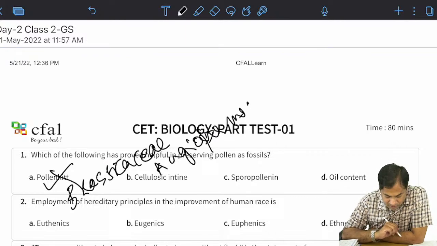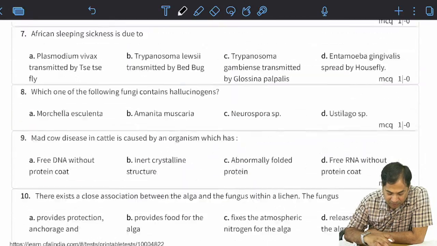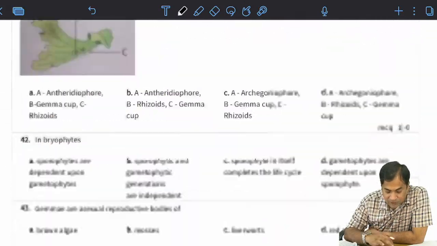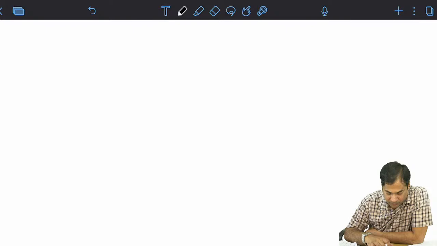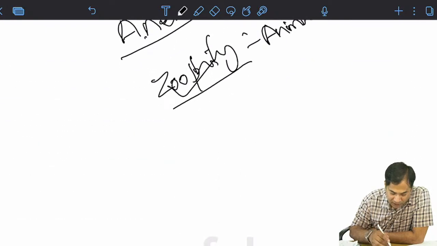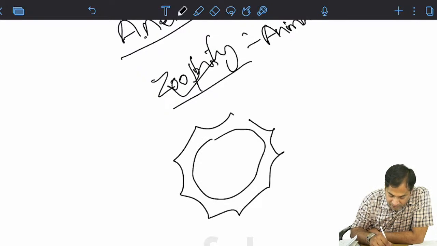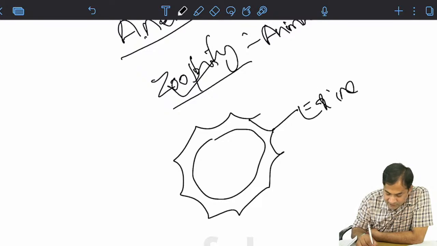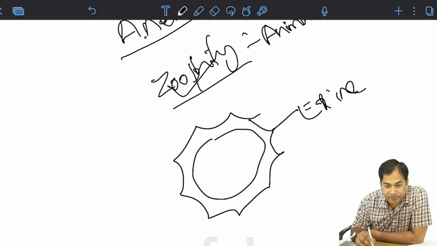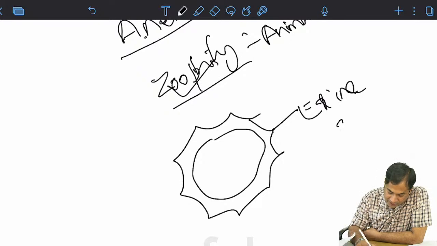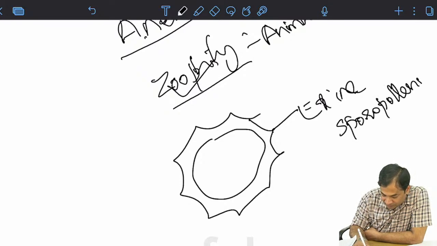Then cellulosic intine. If you remember the pollen grain structure, a pollen grain has 2 layers. The outer layer is called exine, which is tough material containing a chemical called sporopollenin, the toughest material.